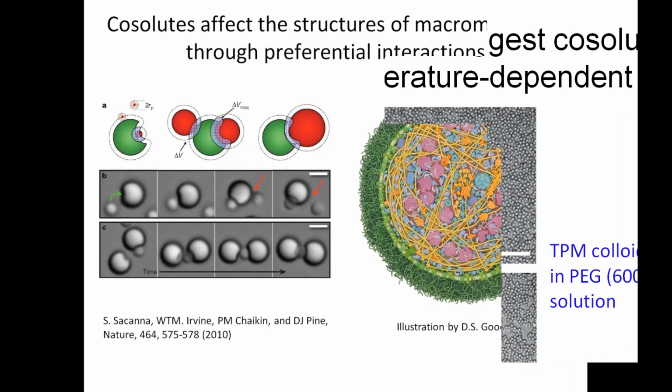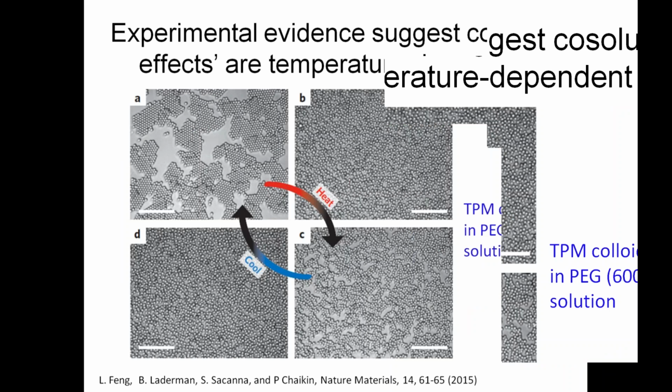And maybe a very interesting example of how cosolutes affect macromolecular or colloidal association and structure is an experiment from the same group of a suspension of colloids in solution. These colloids are suspended in an aqueous solution, to which they added a polymeric cosolute, PEG. Then they checked how this PEG affected the structure of the colloids and the temperature response of the colloidal suspension.